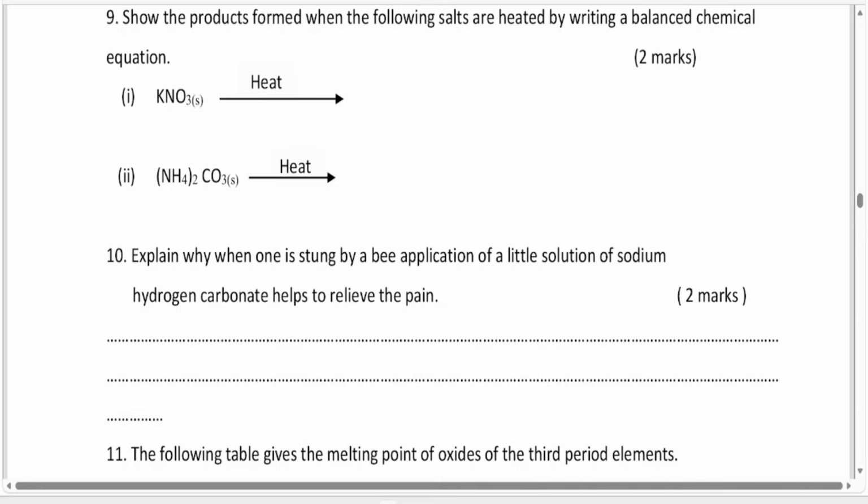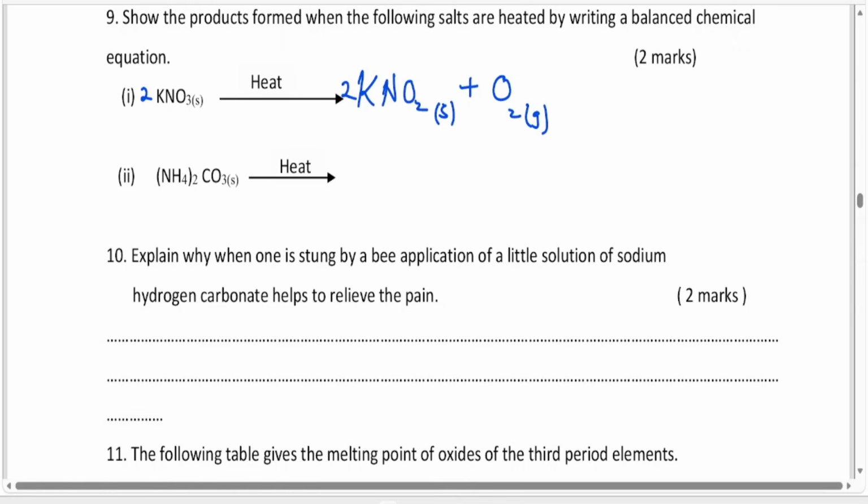So in this case, we are going to obtain potassium nitrite, which is a solid, and at the same time we collect oxygen gas. Balance the equation by putting a 2 at this point and a 2 at this point, and the equation balances out.